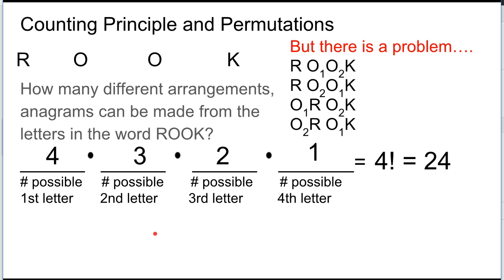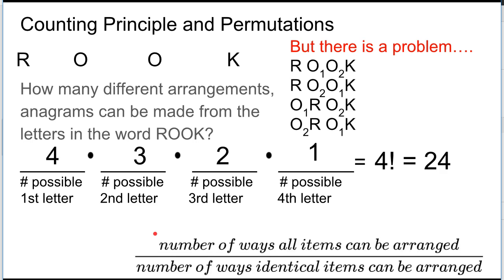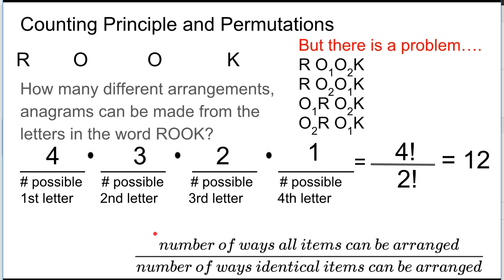So what I've got to do is divide that out. If you've got a situation where you're finding the number of ways something can be arranged, and some of them are identical, you do the number of ways factorial, and then you divide it by the number of identical items factorial. So in this case, the O's are identical, so it would be 4 factorial over 2 factorial, or 12 different ways.